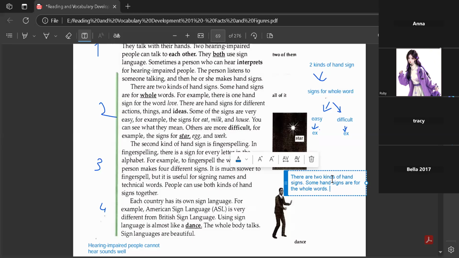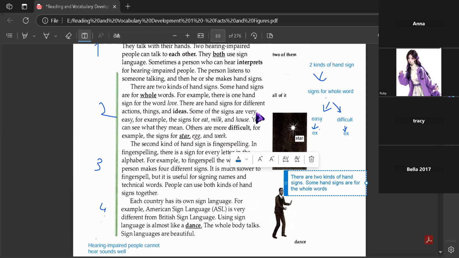But we can write the sentence: there are hand signs for different actions, things, and ideas. This is a sentence that gives information, and it cannot be left out. So we're just going to rewrite it. I mean, we can combine it.